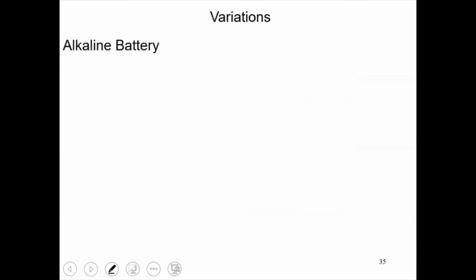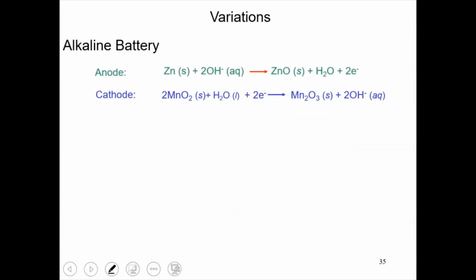The first one is the alkaline battery, which is perhaps one of the more common types of batteries that we buy at the drugstore or electronics store or whatever, right? So in this case, the anode, again, is a zinc, but in this case, you have it in a basic environment. The product is still a zinc oxide, but what happens is at the cathode, you don't have the ammonium ions.